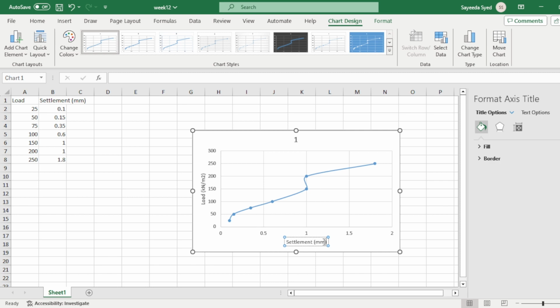So what we can do is include a trend line that goes through most of the points. Let me change the limit here.